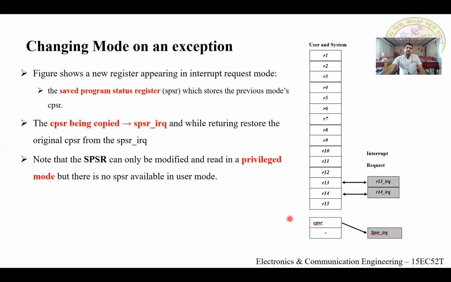Note that SPSR can only be modified and read in privileged mode, but there is no SPSR available in user mode. In user mode, SPSR is not available, CPSR is available.